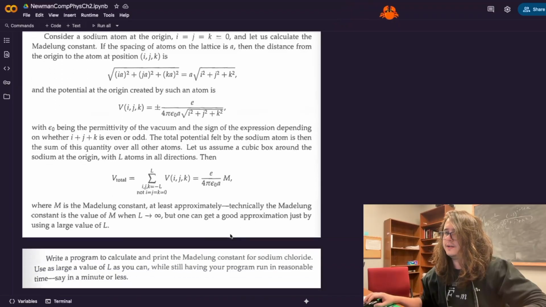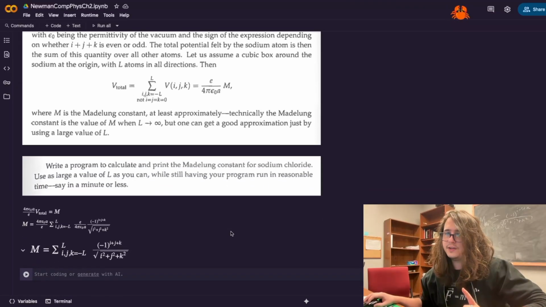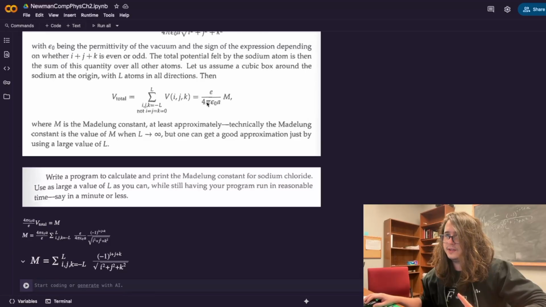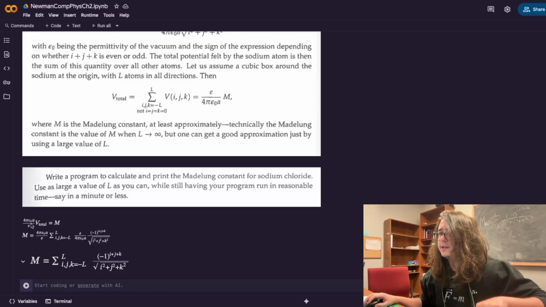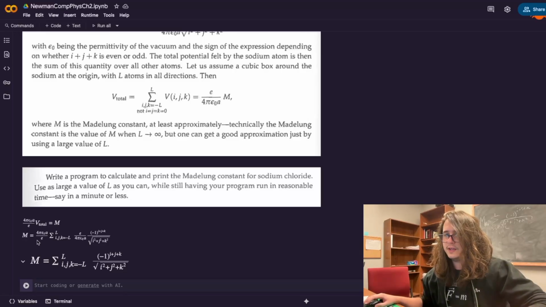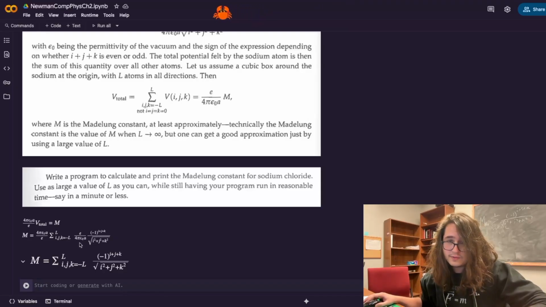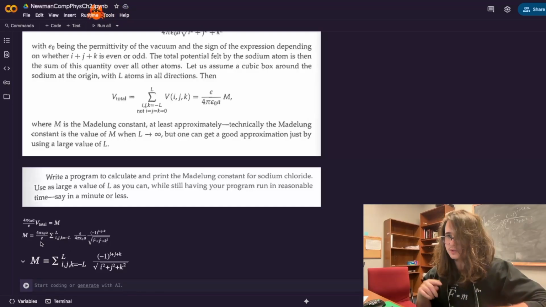Now, what we're actually going to do is, because M is given by that equation, I rearranged it so that M equals 4 pi epsilon naught a over e times V total, and then use the fact that V total is just the sum over ijk for this stuff, and then notice that the leading constant inside of the sum is the inverse of the leading constant outside the sum, so you can cancel those out.